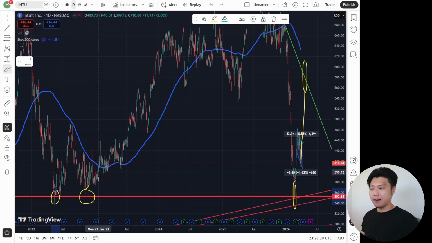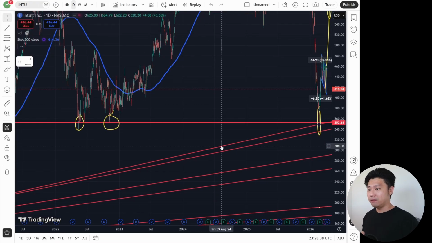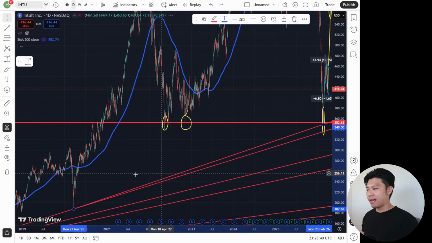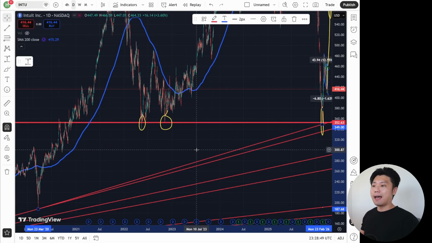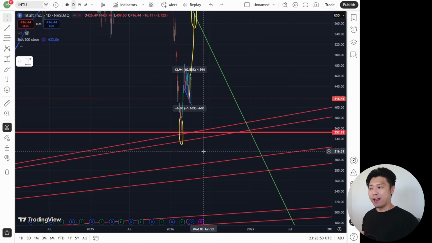The buyers swooped in, and it retook the stock to the upside. Now, this downsloping channel over here dates back all the way to March 2020, and you know what was happening in March 2020. For that reason, I think these two indicators have made the Intuit stock bottom out.